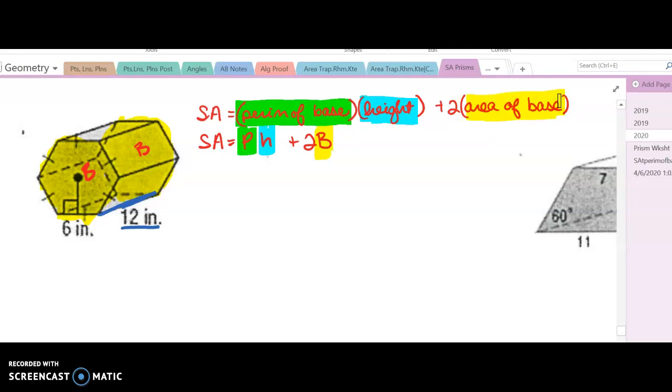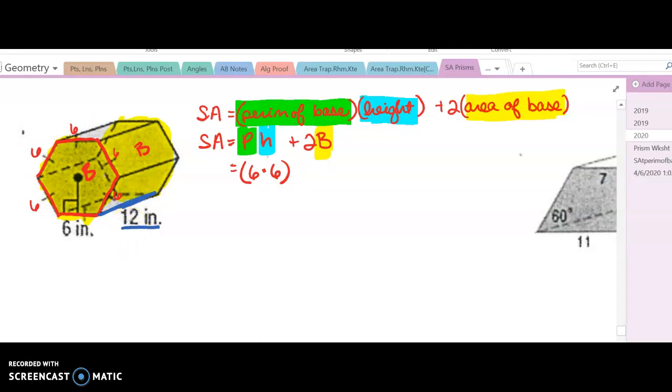Okay, so for the perimeter of this base, we've got 1, 2, 3, 4, 5, 6 sides, and each side is 6. So we're talking about 6 sides times 6 each, right? If I were to add up all 6 of them, I would get 36.